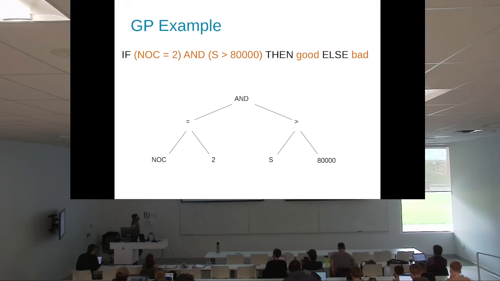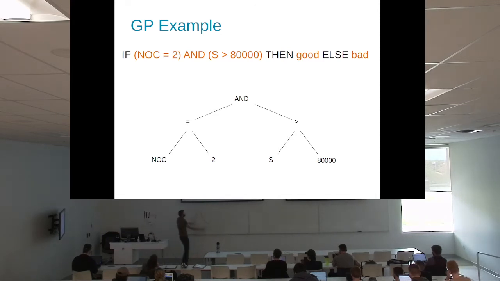And then I've got 2 and 80,000. Those are constants. All of the things at the bottom are terminals. They're operands. They have a specific value. Some are literal values and some are variables. But the interior nodes are operators. They act on the operands.